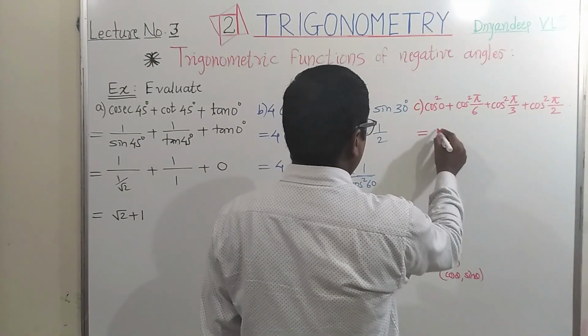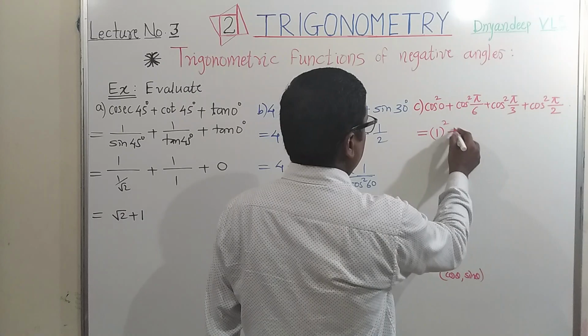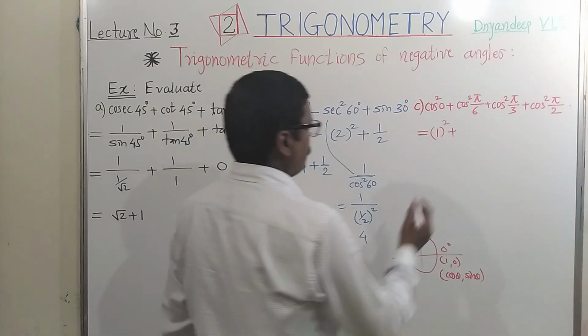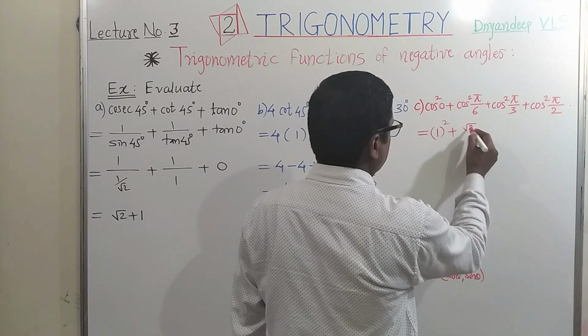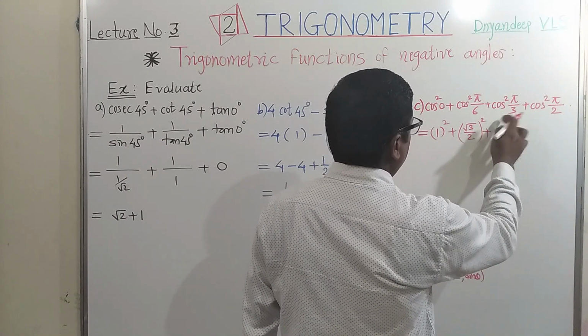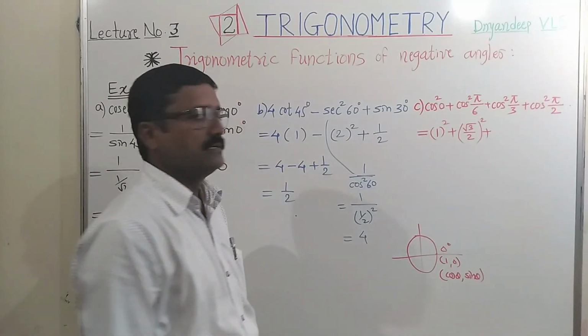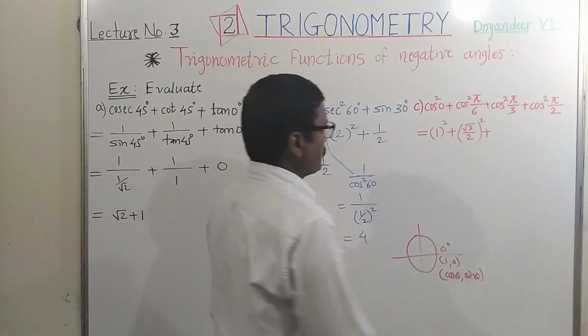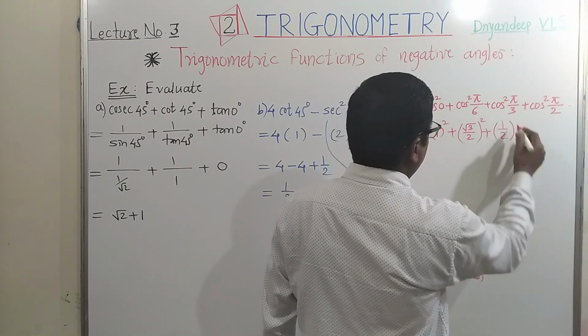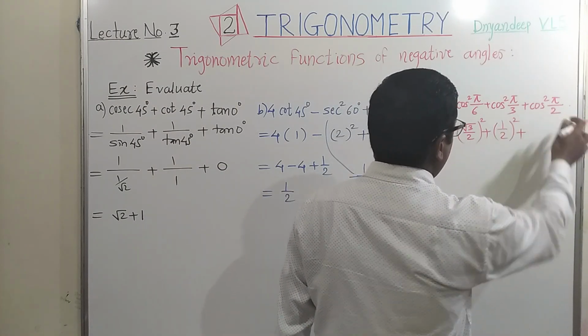So cos 0 is 1, its square, plus cos 5 by 6. 5 by 6 means 30. Cos 30 is root 3 upon 2, its square, plus cos 5 by 3, which is 60. 5 by 3 means 60. So cos 60 is half, so its square, half its square, plus cos 5 by 2.